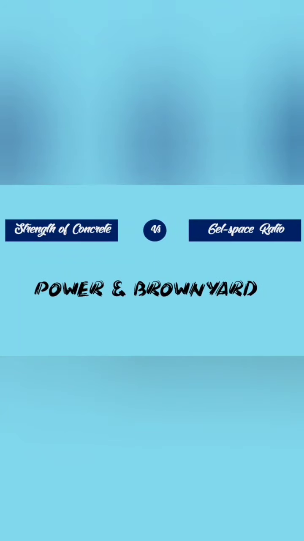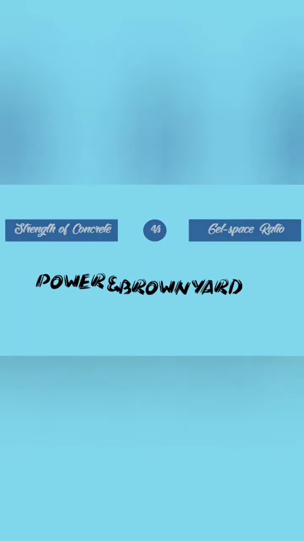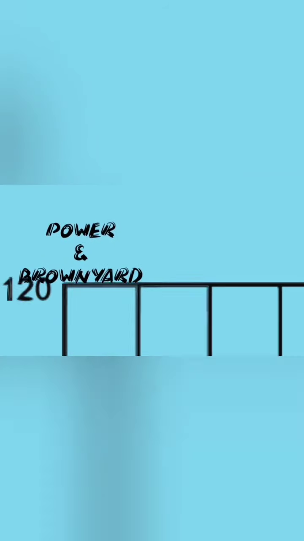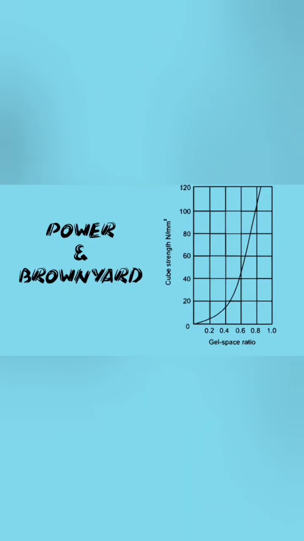A relationship between the strength of concrete and gel space ratio is established by Powers and Brownyard. A typical curve relating gel space ratio to the compressive strength is displayed.